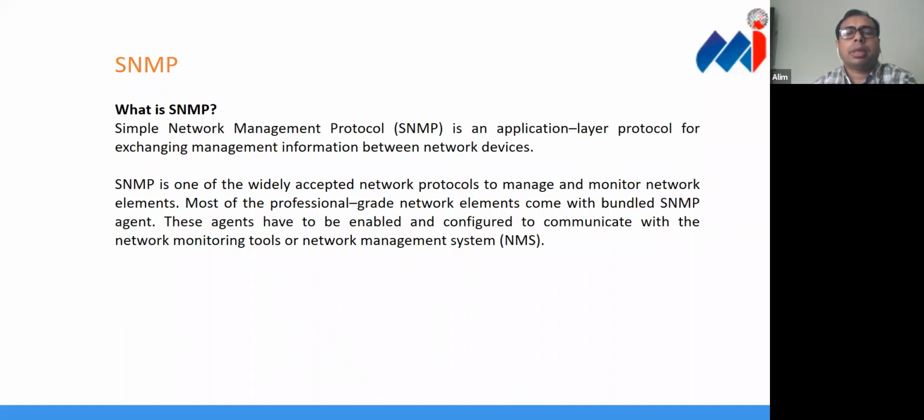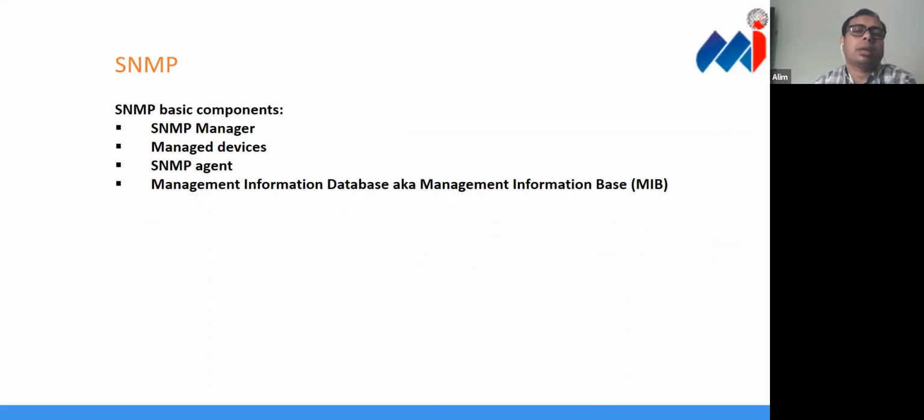So SNMP has three main areas: SNMP manager, SNMP device, and SNMP agent. Another is the SNMP management information base, which is in the SNMP device. Mostly we are talking about two physical entities. One is the SNMP manager, or here the SNMP-based monitoring server, and the managed device.